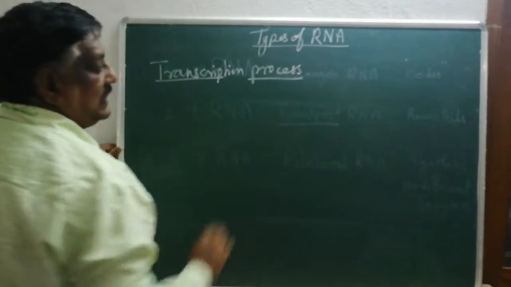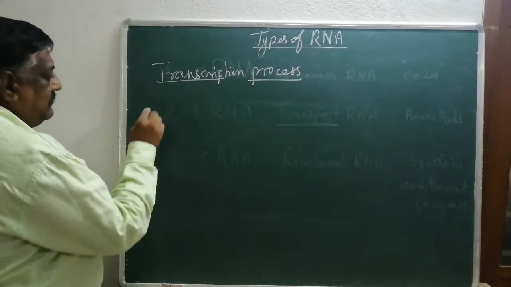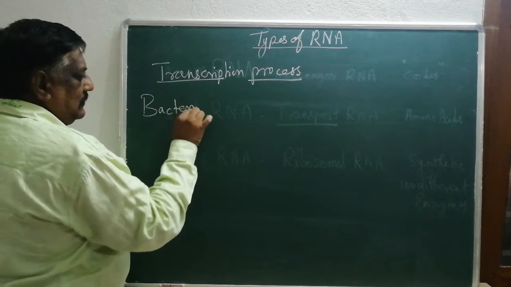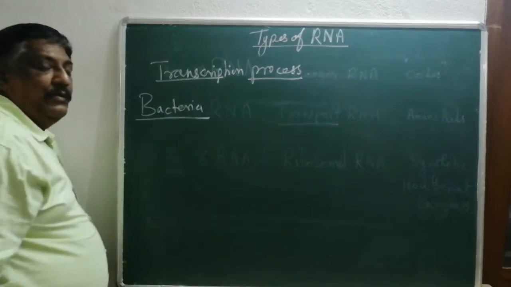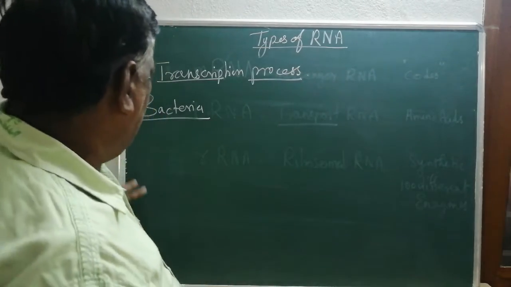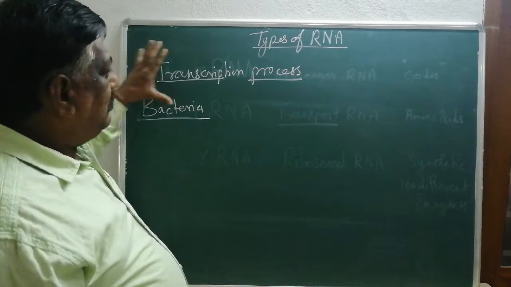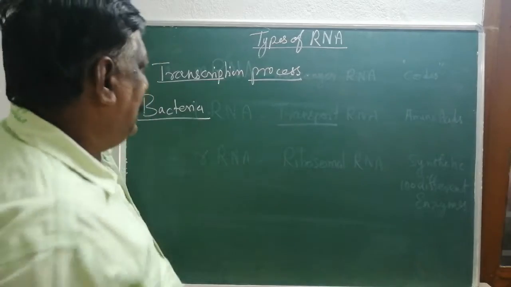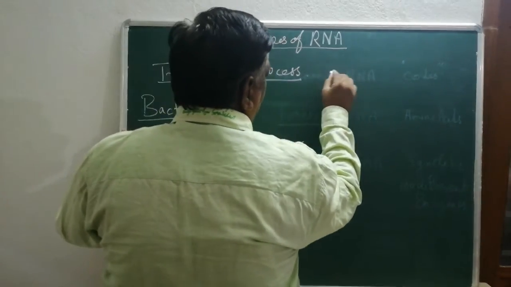The process of transcription. Okay, first we see in a lower animal, bacteria, how it takes place in bacteria. Then we will see in a higher organism. So, in the process of transcription, formation of mRNA.